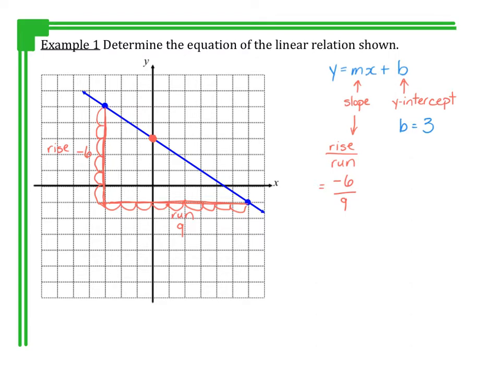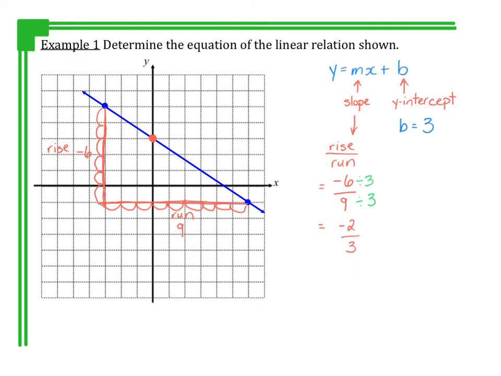So I'm going to put that into simplest form by dividing both the top and the bottom by the greatest common factor, which would be 3. Negative 6 divided by 3 is negative 2, and 9 divided by 3 is 3. That means the slope of this line is negative 2 over 3, or negative 2/3.